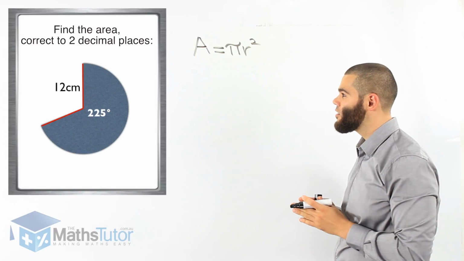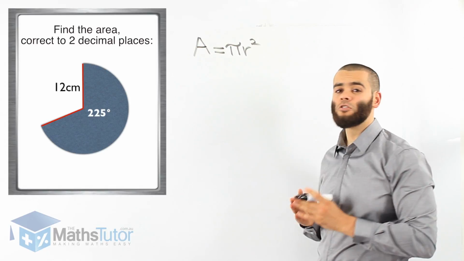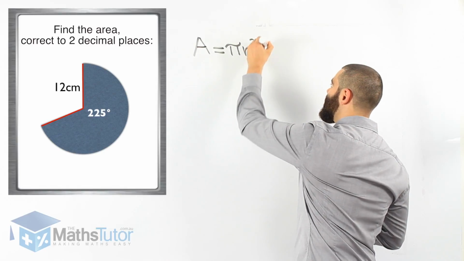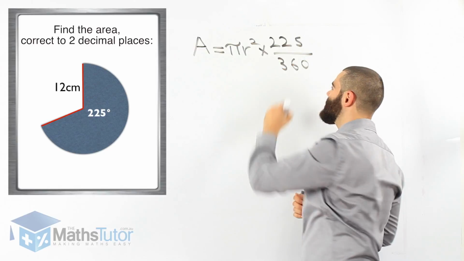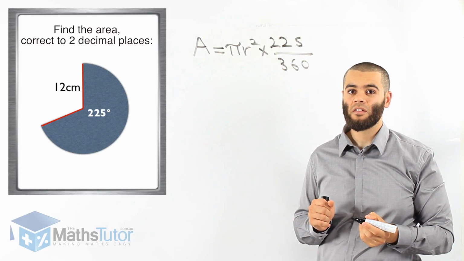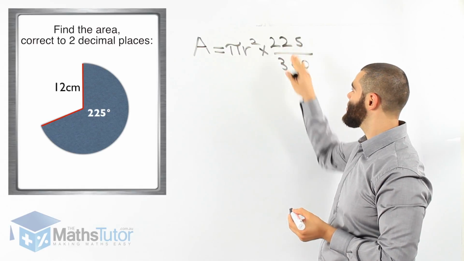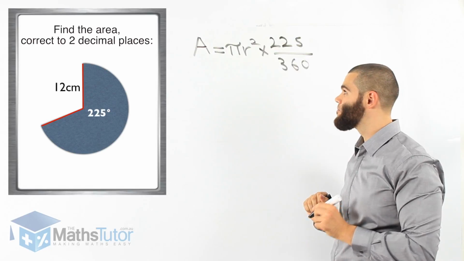What portion is that? We are told that the circle is opened up, and that portion is 225 degrees. So we only want to work out 225 degrees out of the total 360 degrees. So our formula for a full circle times 225 out of the total 360.